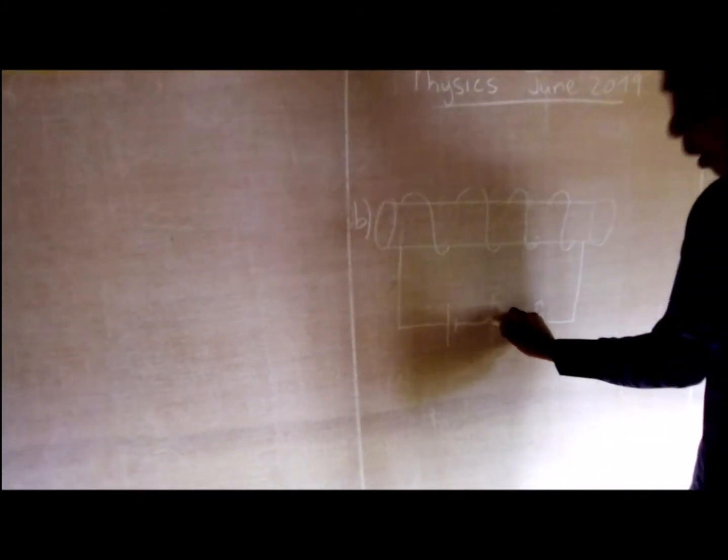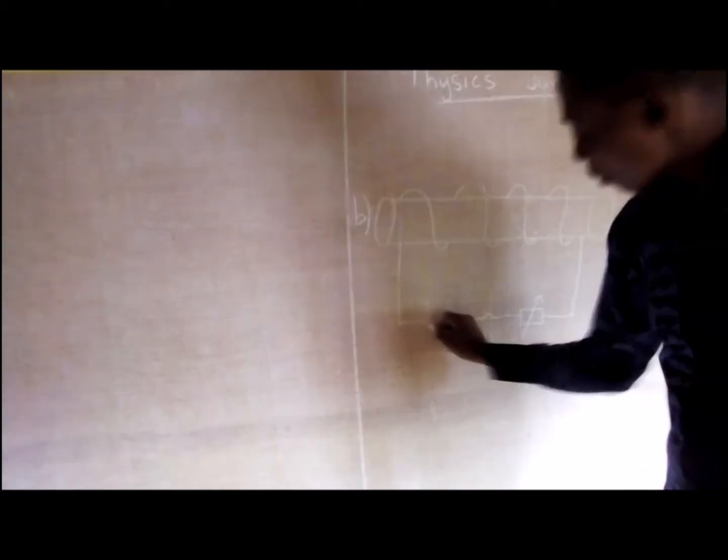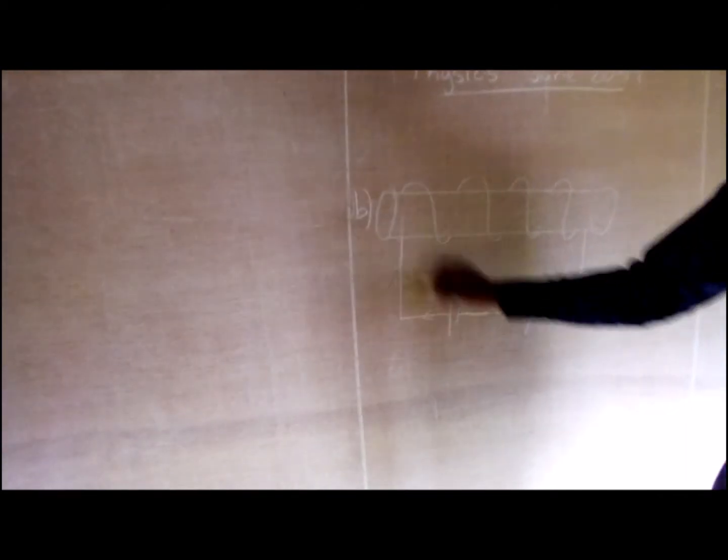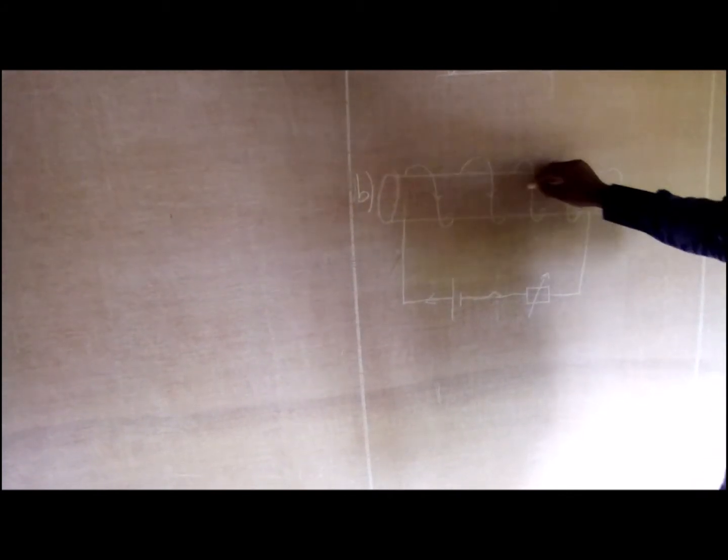If this switch is on, current will flow in this direction from the positive terminal of the battery to the negative terminal. So that is the direction of the current.